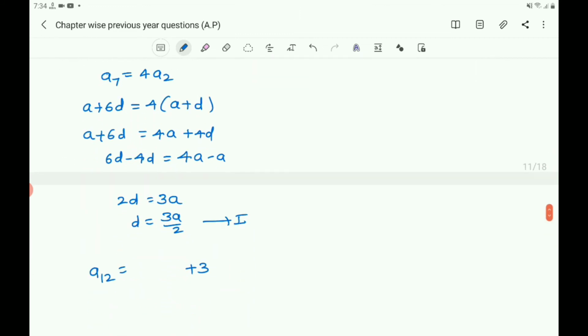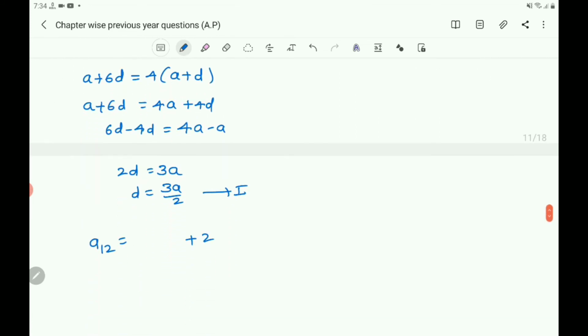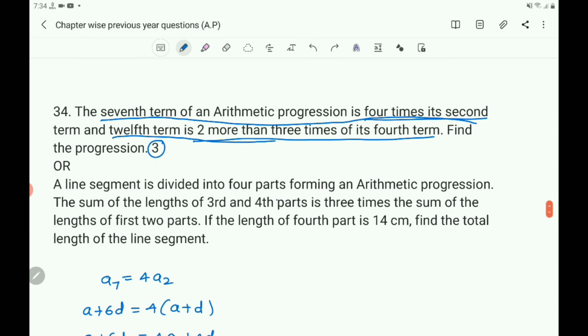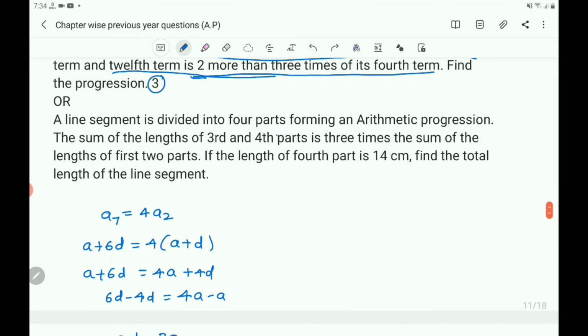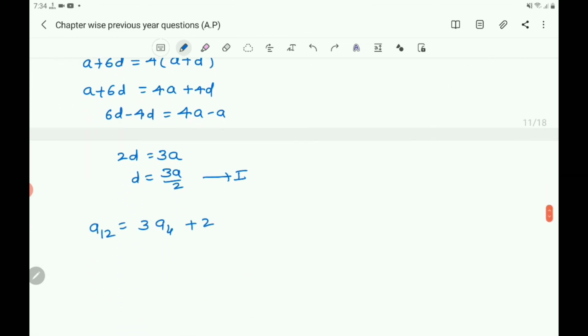Read the question carefully. The 12th term is a12. 2 more than 3 times its 4th term means 3a4 plus 2. So a12 equals 3a4 plus 2, and you must write the plus 2.